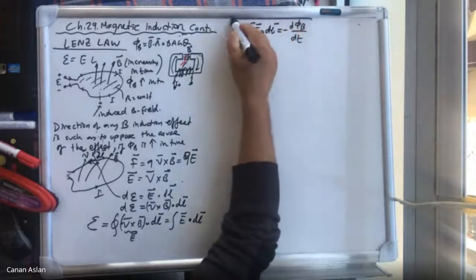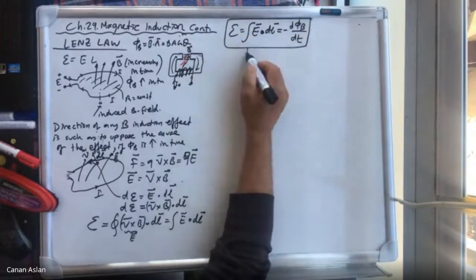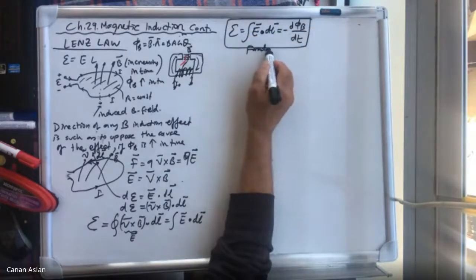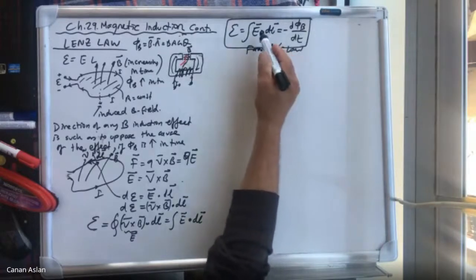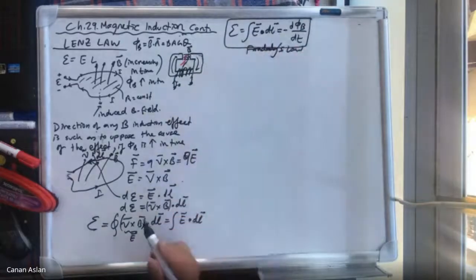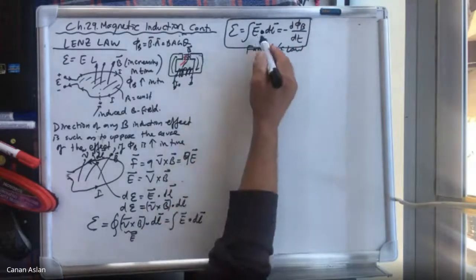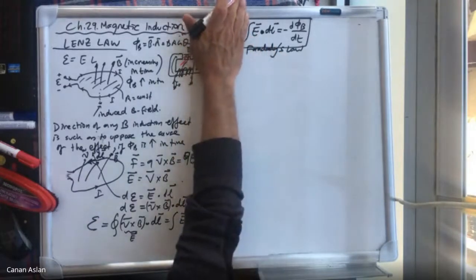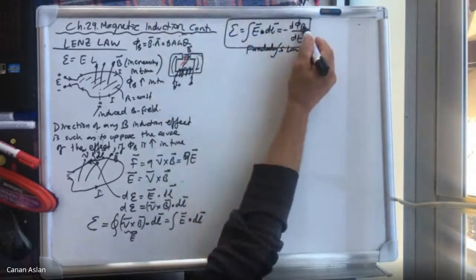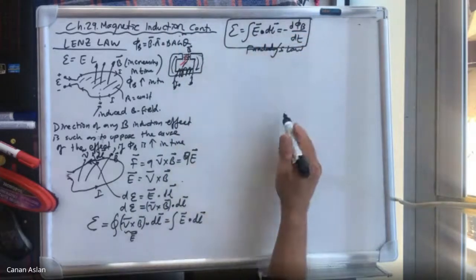So this is Faraday's law again, but written such that the electric field and the magnetic field are easily seen. If you discard this part, you see the relationship between the electric field and the magnetic field, because the magnetic field is hidden inside here and the electric field is there.